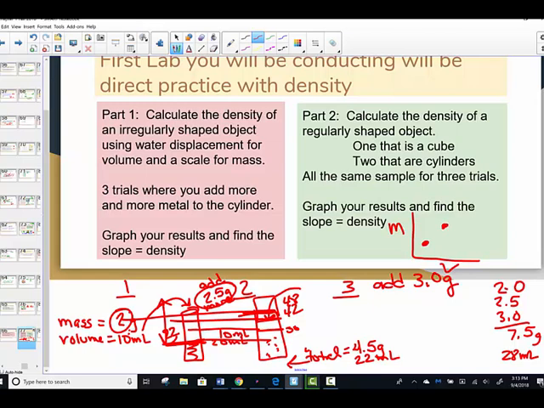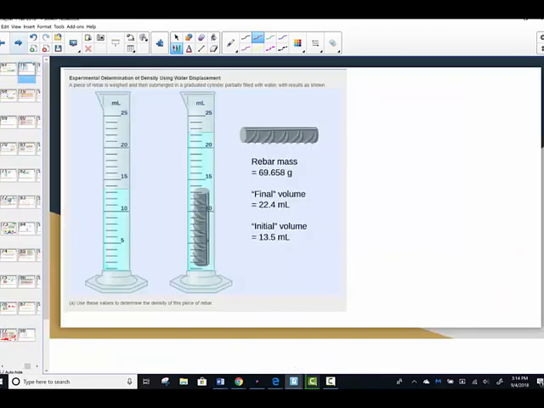Trial 3 was the heaviest, therefore the greatest amount of volume displaced in the cylinder, and you'll plot that straight line, the linear relationship of density. You can see the slope of the line is always the same number. It is an intensive property. So the slope equals the density, rise over run. You'll talk more about it in the lab.